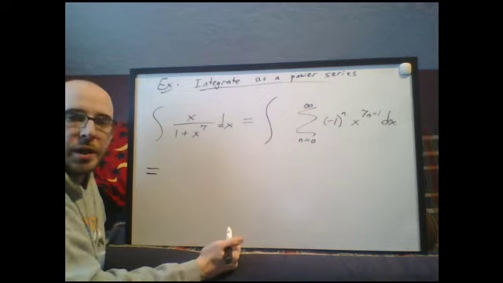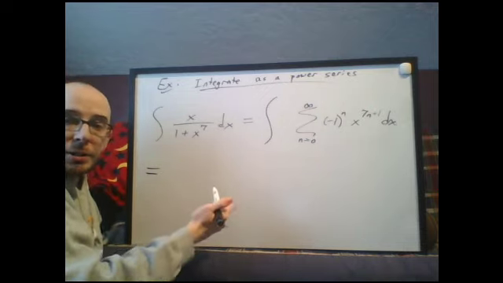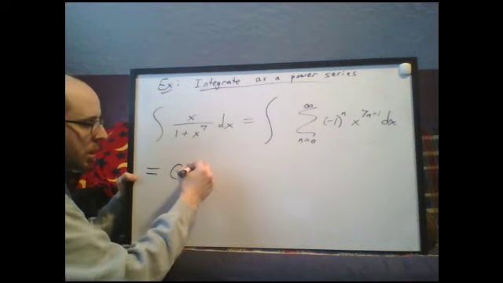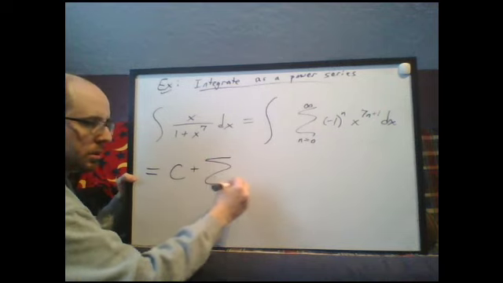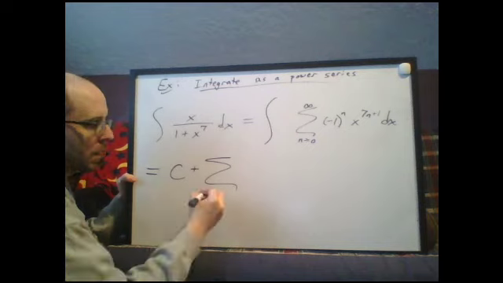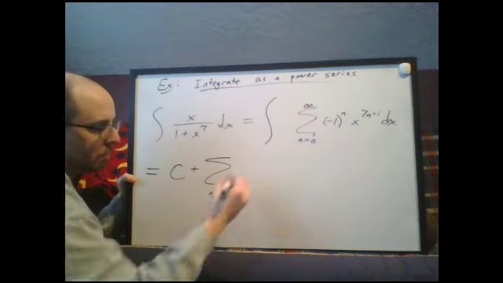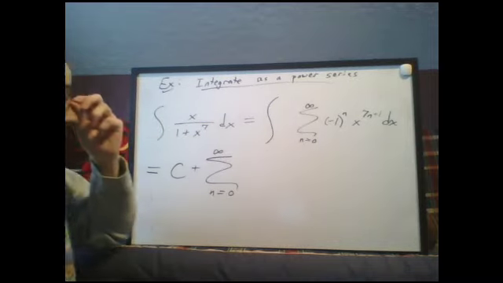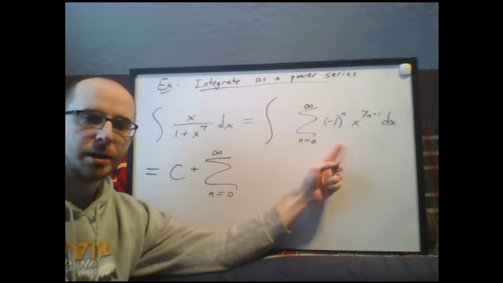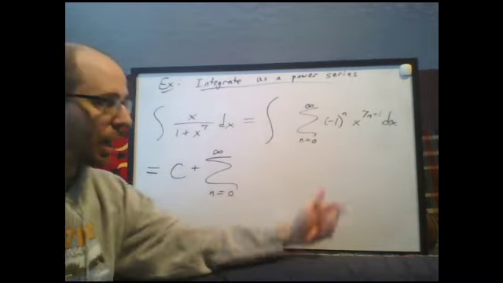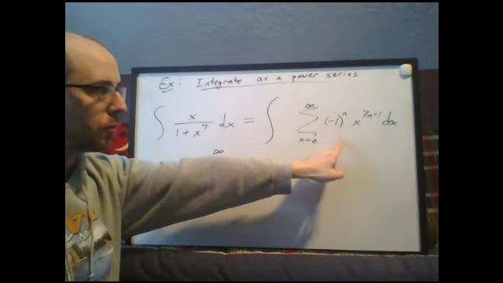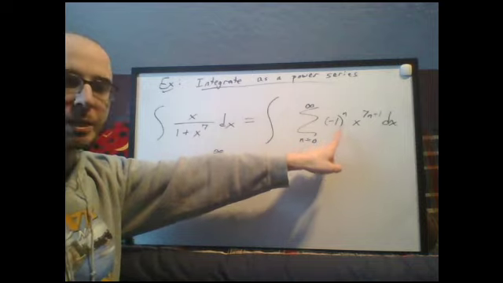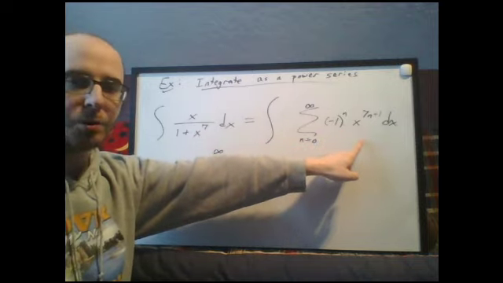So the way I integrate it is, when you do these power series integrals, start with the unknown c. Just put c plus, and then you have a sum. You have a sigma. It's going to have the same starting n value as the original. And now my summand, the thing I'm adding up, it's just a coefficient times a power of x. No matter how complicated it looks, this is always a coefficient times a power of x.